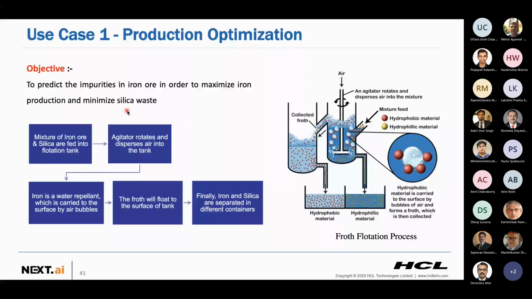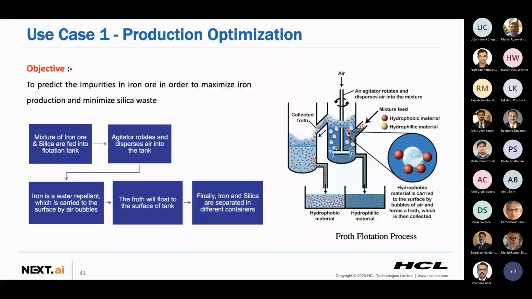In the diagram, we can see a froth flotation process happening in production optimization. Initially, we have a mixture of iron ore and silica fed to this flotation tank. The agitator rotates and disperses air into the tank. Here we can see the air bubbles being dispersed by the agitator. Since iron is water repellent, it is carried to the surface by air bubbles.